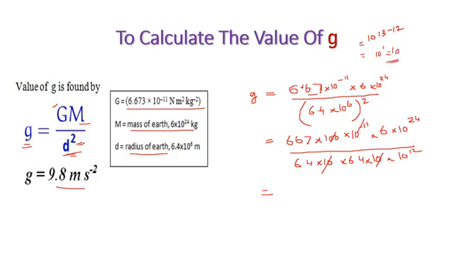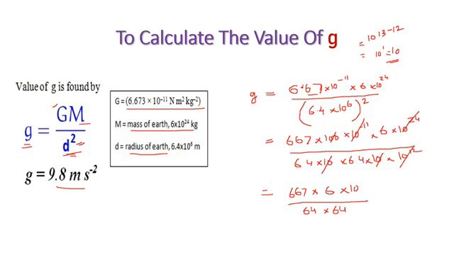We have solved all these powers. What we are left with is 667 into 6 into 10, divided by 64 into 64.